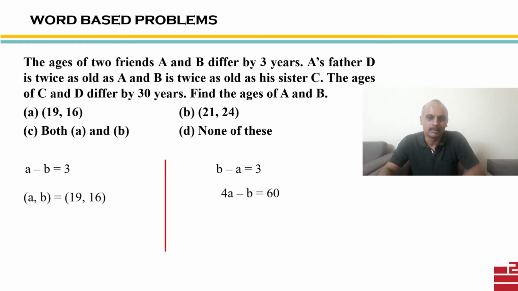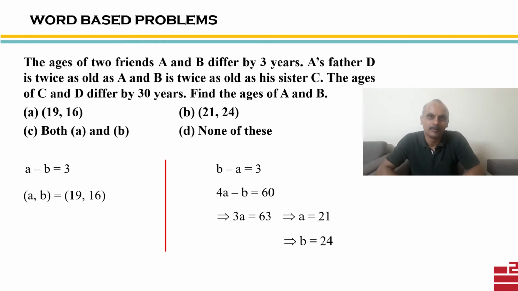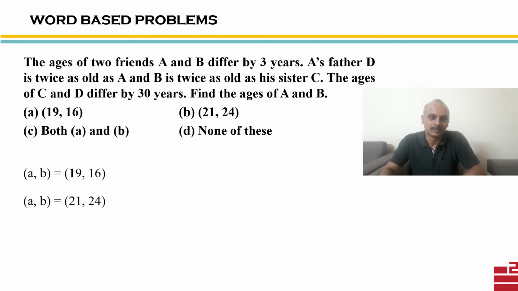When I solve these equations, I get A as 21 and finally B as 24. And we should realize that both of these sets of answers are correct. Now looking at the options, I can say A and B both are correct, and therefore C is the right answer.